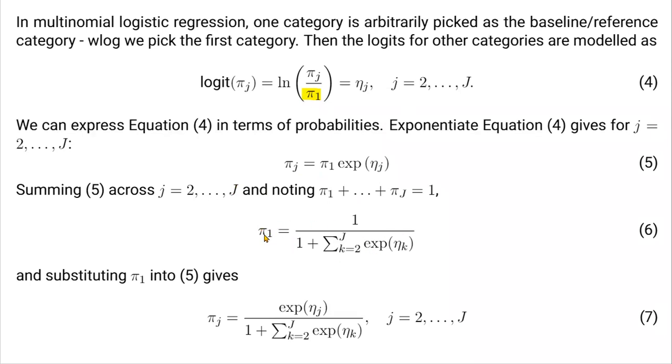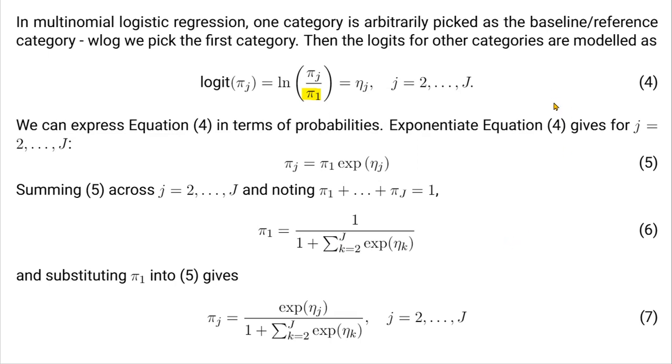And if you substitute this back into 5, now we've got an expression for the other probabilities from 2 to J. So in other words, lines 6 and 7 give you an expression of the probabilities in terms of the parameters.